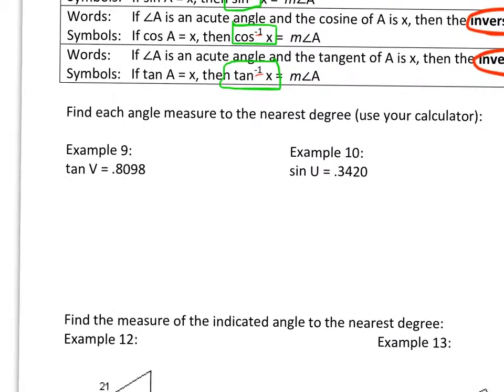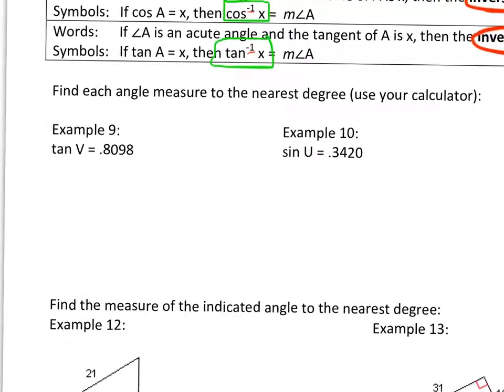So if we take an example for 9, to solve this for v, I would take tan inverse of tan v, and I would do that to both sides. And like we said, they're opposite operations, so tan inverse and tan cancel.